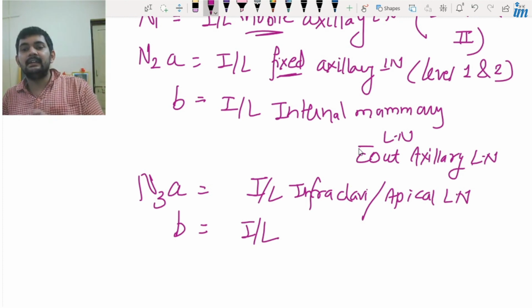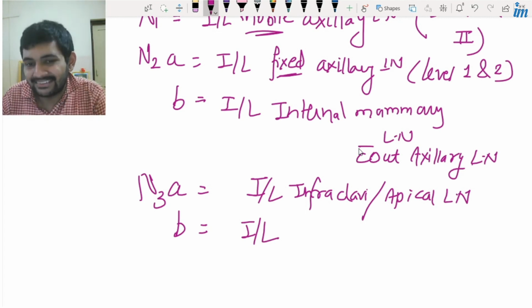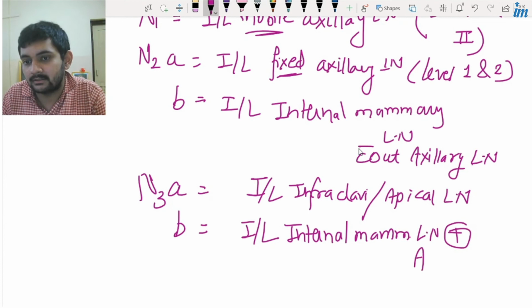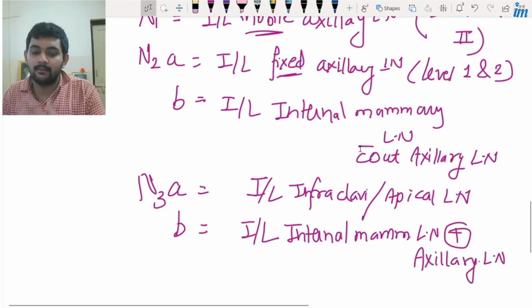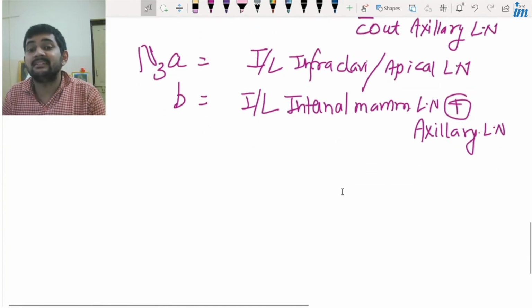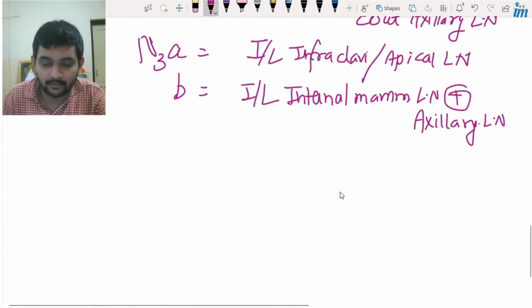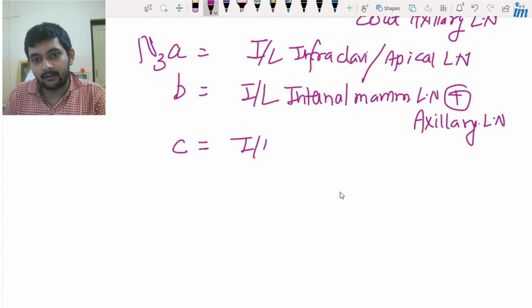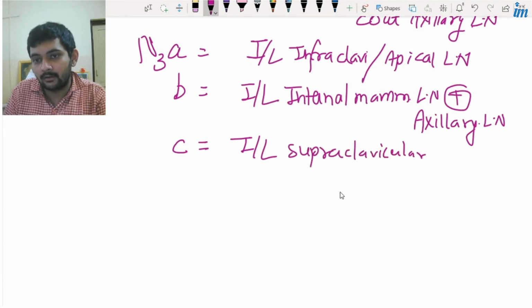Now N3B will be something opposite that of N2B. N3B will be ipsilateral internal mammary lymph nodes with axillary lymph nodes. So along with axillary lymph nodes, there is also an ipsilateral internal mammary group of lymph nodes. N3C will be ipsilateral supraclavicular lymph nodes.